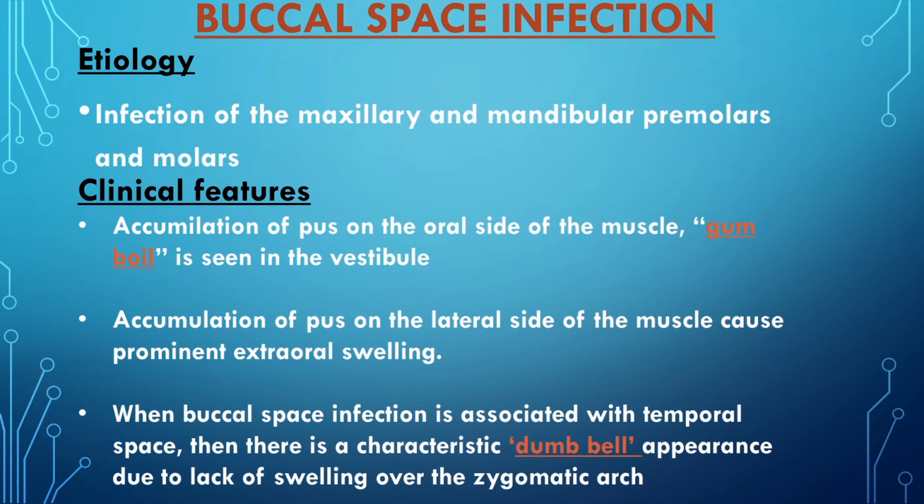But when this pus accumulates lateral to the muscle, it is seen as a prominent extraoral swelling of the cheek to the corner of the mouth. When the buccal space infection is associated with the temporal space, a characteristic dumbbell appearance is seen due to the lack of swelling over the zygomatic arch.